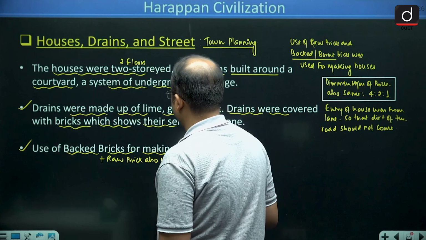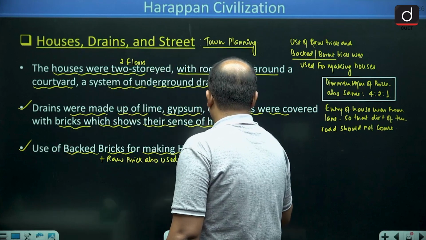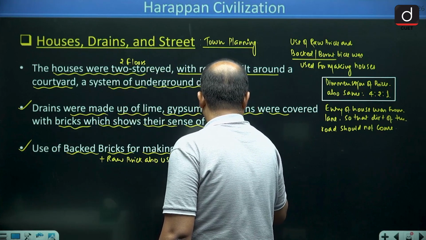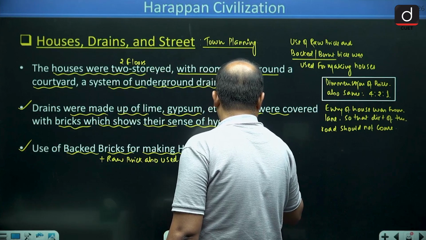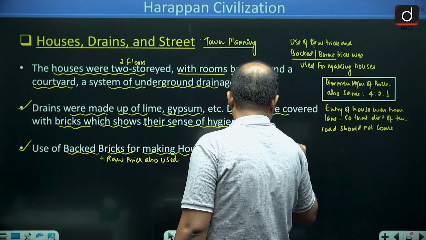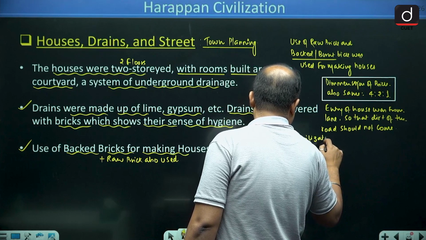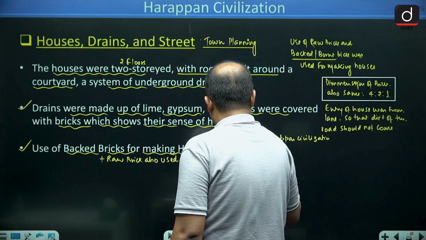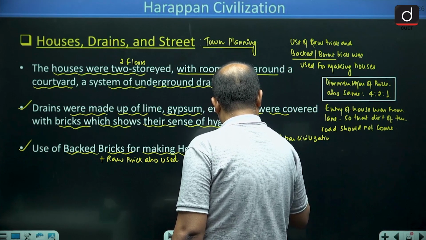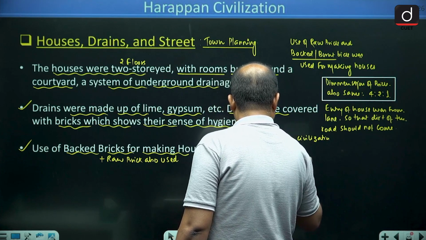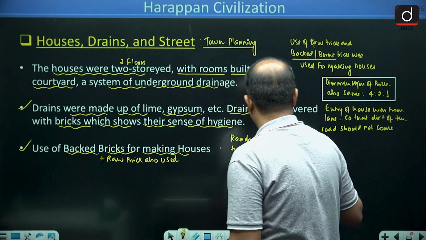And you will find that the roads of the Harappan civilization intersected at 90 degrees, that is, the right angle.